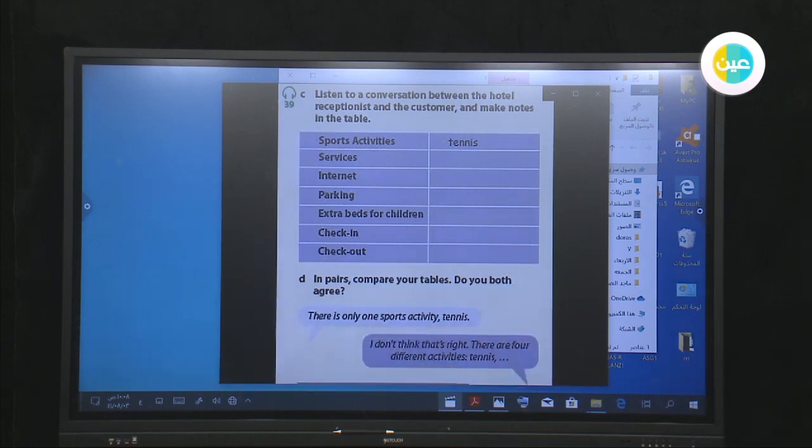How can I help you? I'm staying at the hotel next weekend and would like some information. Certainly, sir. What would you like to know? Well, we're coming for a break from work. So what leisure facilities are there? Tennis, bowling, squash, and of course, the new swimming pool.